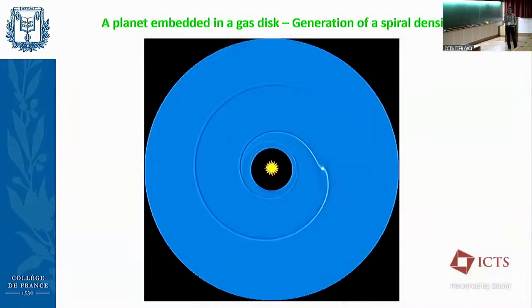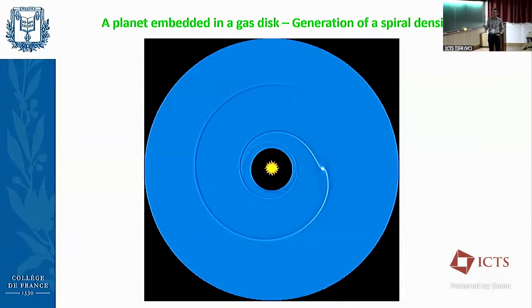The key point is that if we embed a planet in a disk, the planet perturbs the distribution of gas in the disk. If initially you have a disk with a uniform density, which is represented here by this uniform blue color, the moment you insert the planet in the disk, the planet creates a spiral wave where the gas density is enhanced.